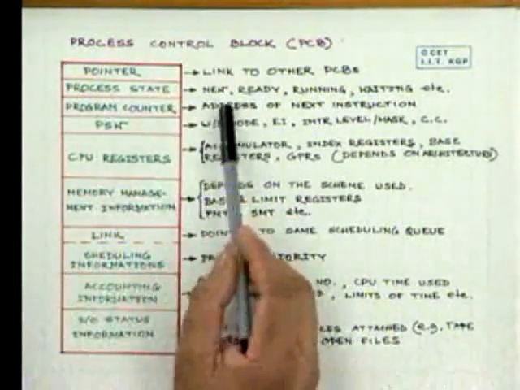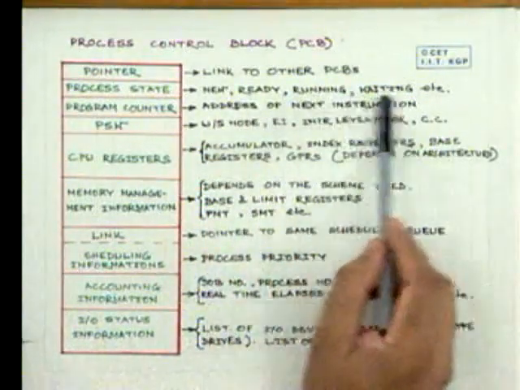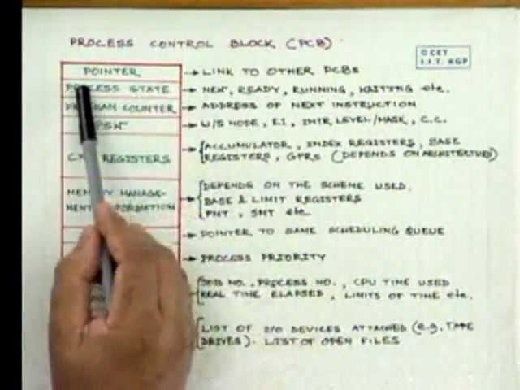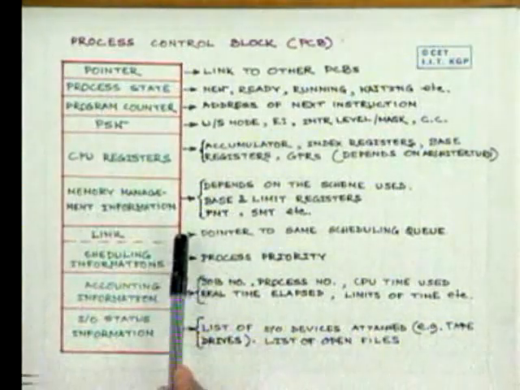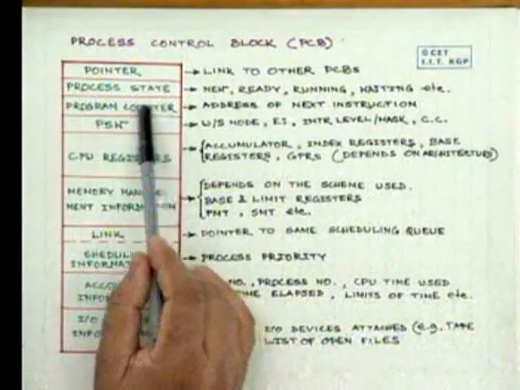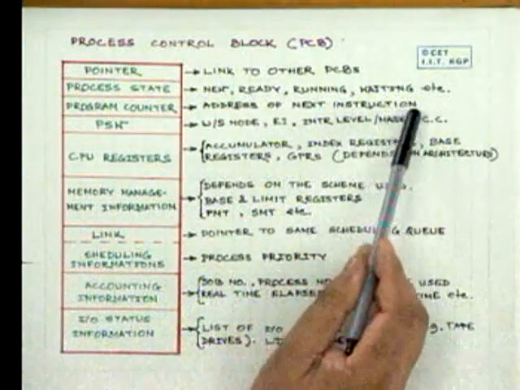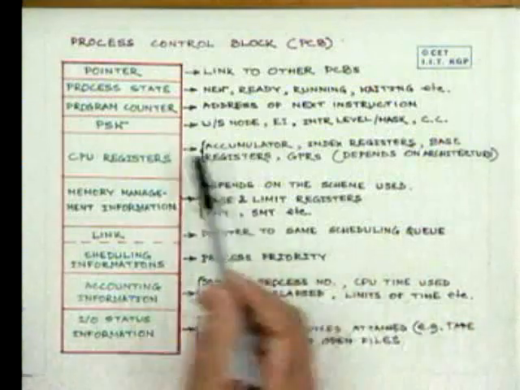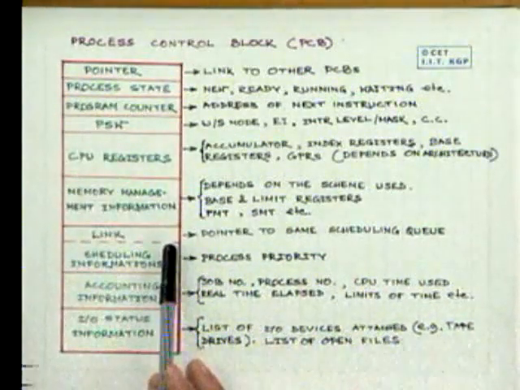By the process state, we mean whether it is new, ready, running, or waiting, etc. That particular information at any instant of time is kept in the process state. Then the program counter, which contains the address of the next instruction that is going to be executed, is also one field of the process control block.